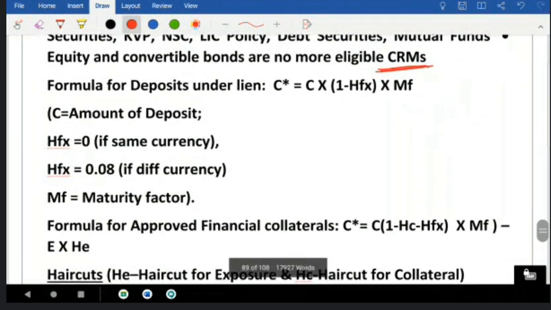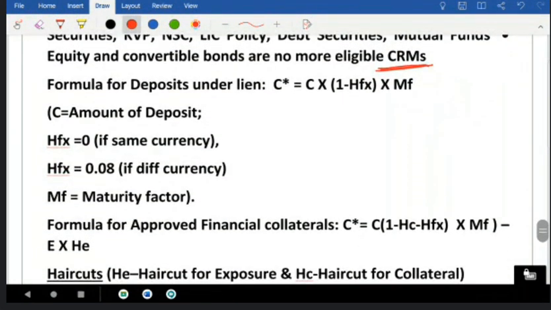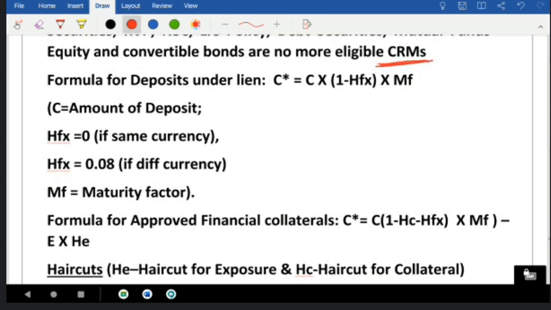So the formula for deposit under lien is given as follows: C star equals C into (1 minus H minus HFX) into MF. I'll tell you the meaning of this. C is the amount of deposit. HFX is the haircut for forex. And MF is the maturity factor.